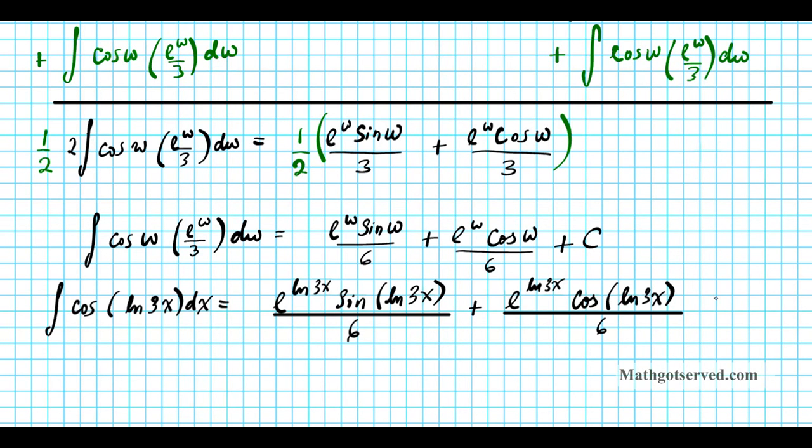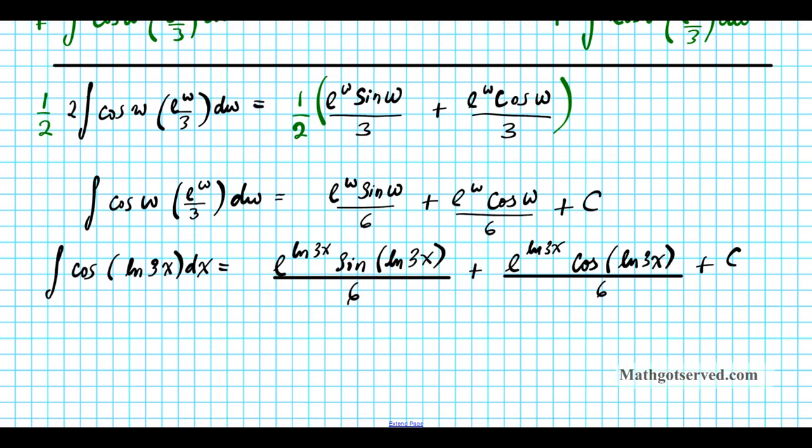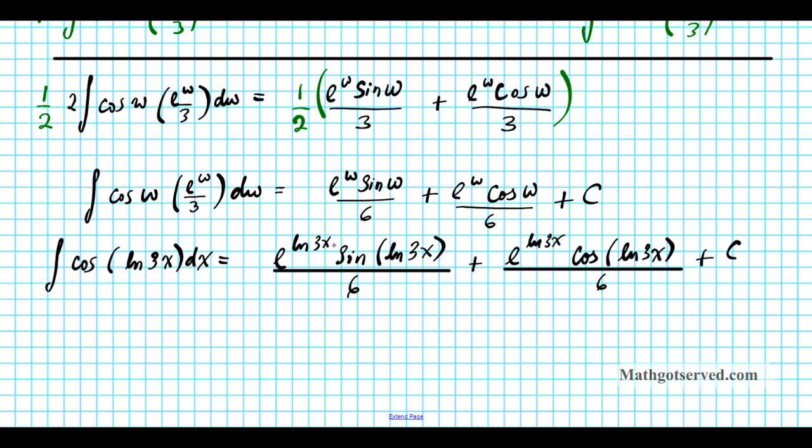Okay, now let's see, can we simplify this? Yeah, we can simplify this. The e and the ln's can cancel out, the inverse operation, so we can cancel out e and ln here, and then e and ln here.